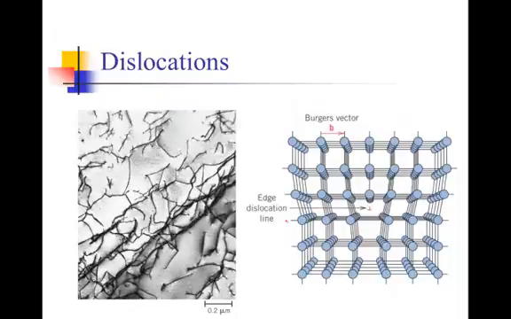And another important, maybe the most important, type of crystal defect we have are called dislocations. A dislocation is a one-dimensional defect. If the point defects could be thought of as zero-dimensional defects, this is a defect that makes a whole line in the structure.